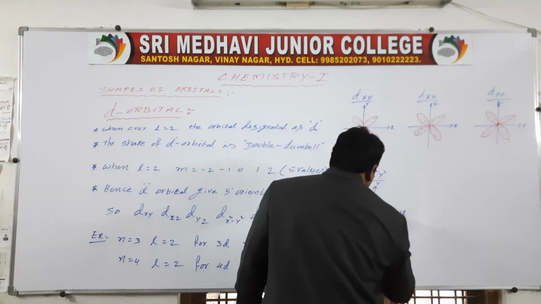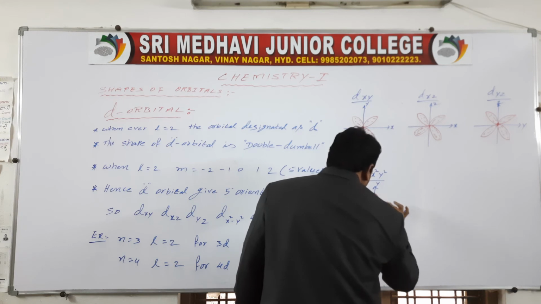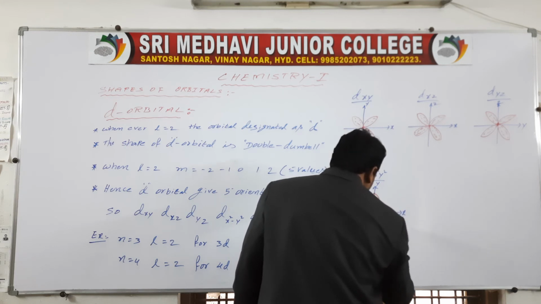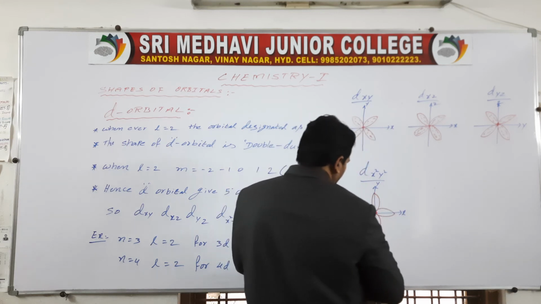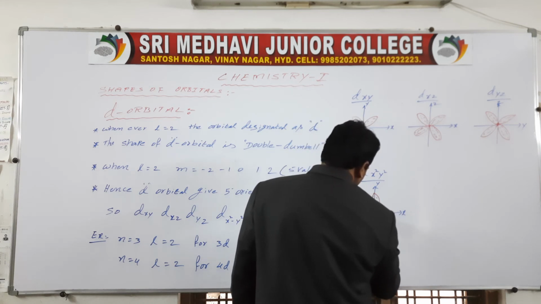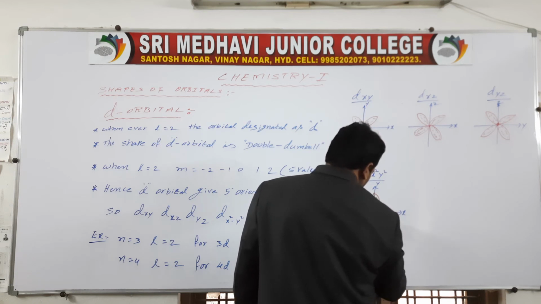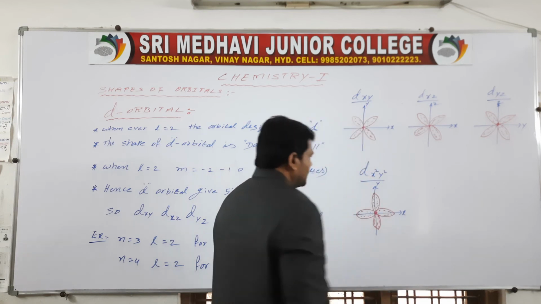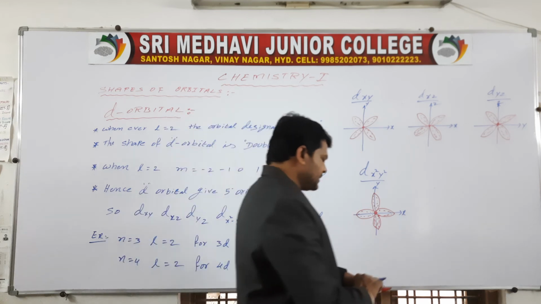For x, on the axis like this, this is the nucleus. For y, on the axis like this. Okay, these are electrons. Electron cloud.